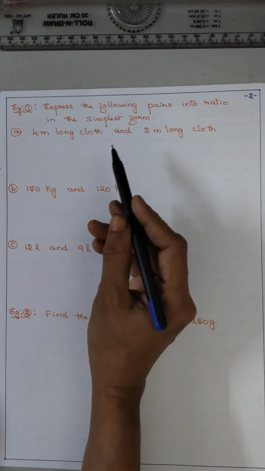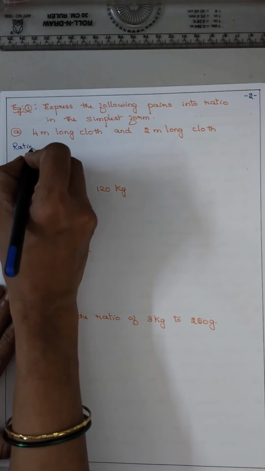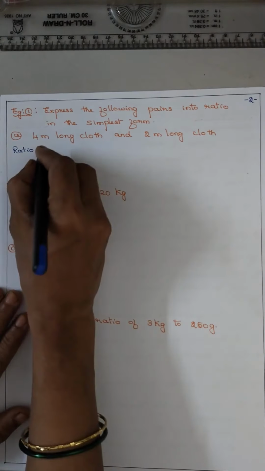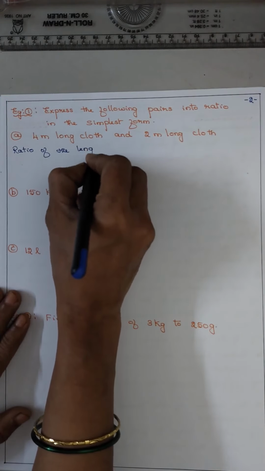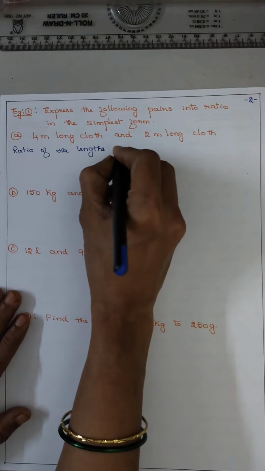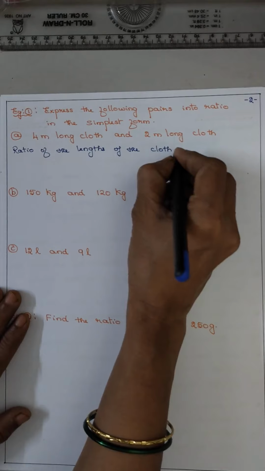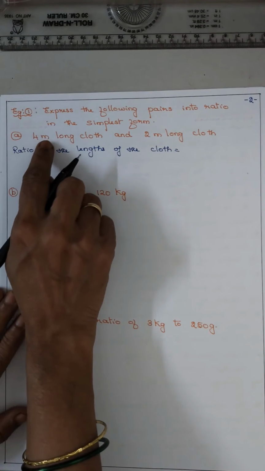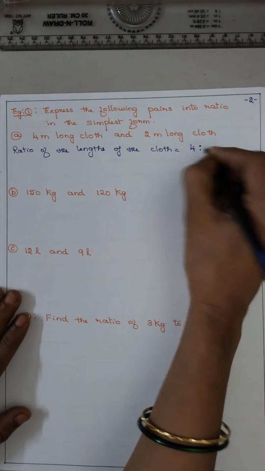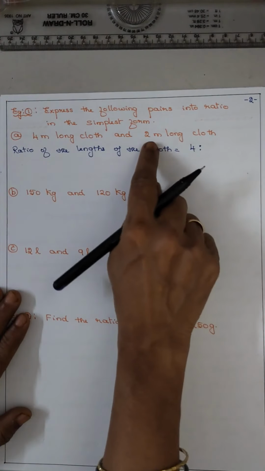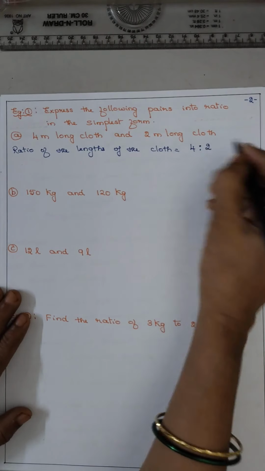So the ratio of the lengths of the cloth. First, what is the number? 4. 4 meter, but you will be writing only 4. Ratio का symbol है, is to. Second is 2 meter, so you will be writing only 2.